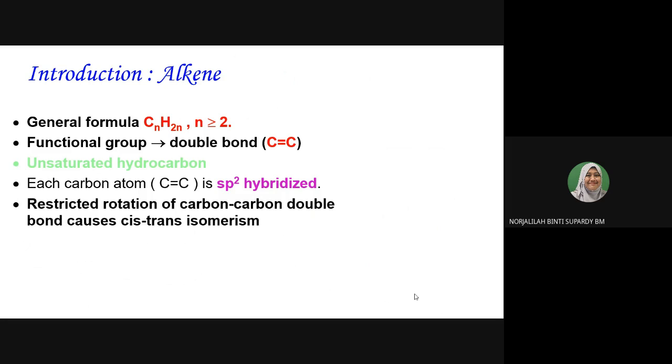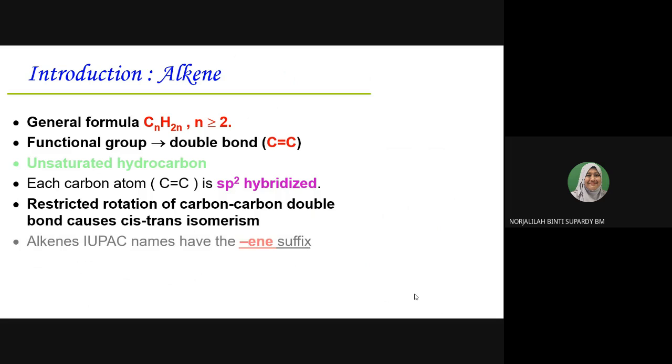Next, the restricted rotation about the carbon-carbon double bond in alkene causes cis-trans isomerism. This is the first characteristic of cis-trans isomerism.